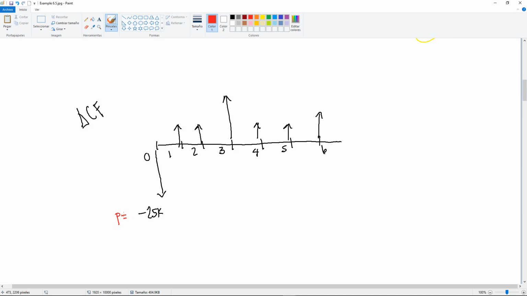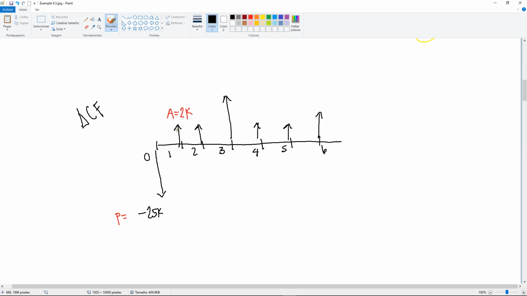Do you see any uniform series? Okay, so we have the 2000 in years 1, 2, 4, and 5. Actually, yes, we do have a uniform series. Our A here will be equal to 2000. Why?